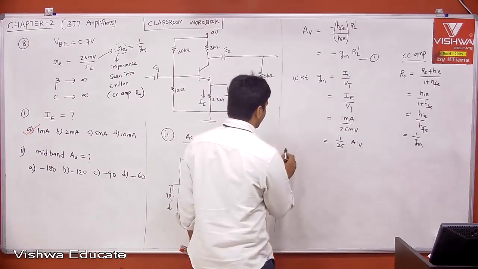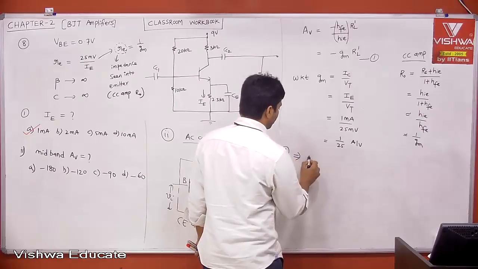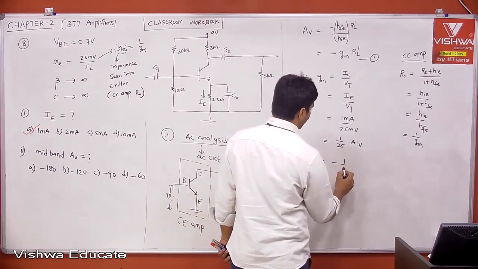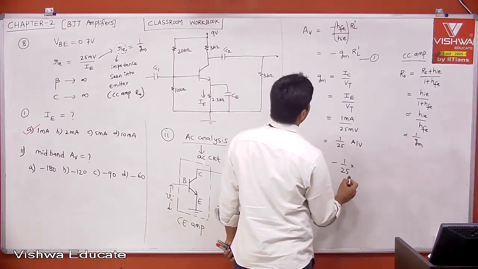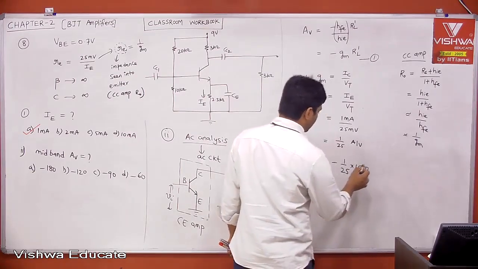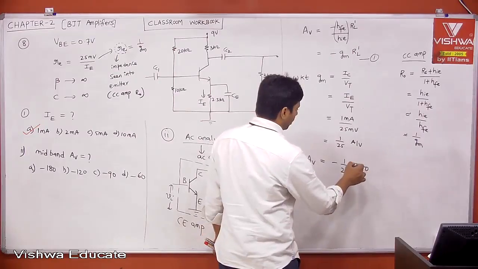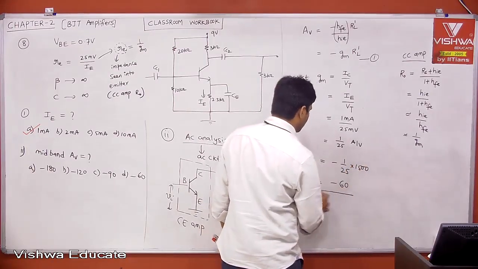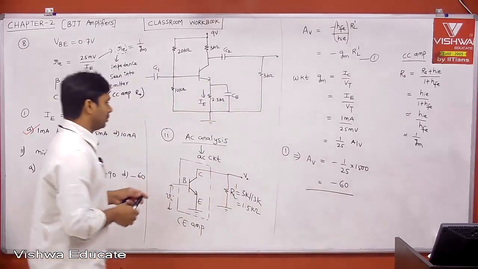Now substitute that in equation 1. Equation 1 implies, what is your voltage gain? Av is equal to minus 1 by 25 into the load, which is 1500 ohm. Then what is this? 25 times 40 is 1000, 20, therefore 60, minus 60. Therefore, what is your voltage gain?